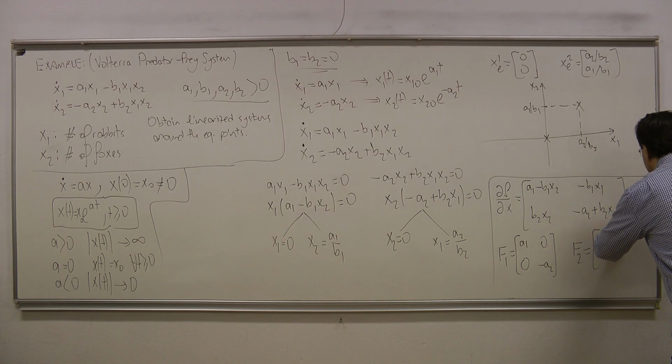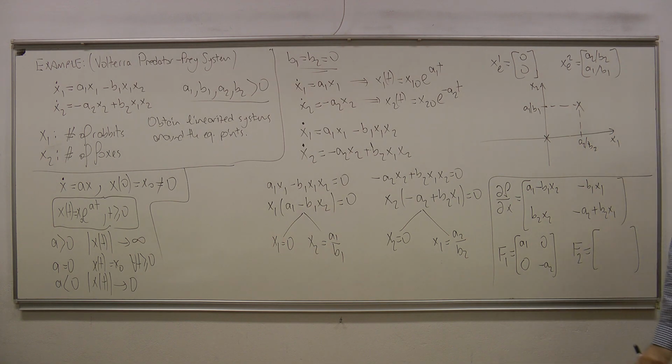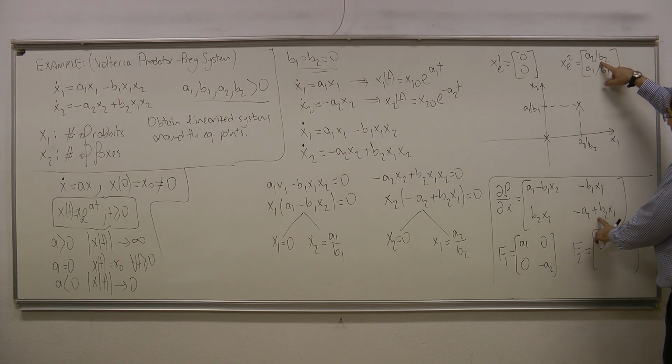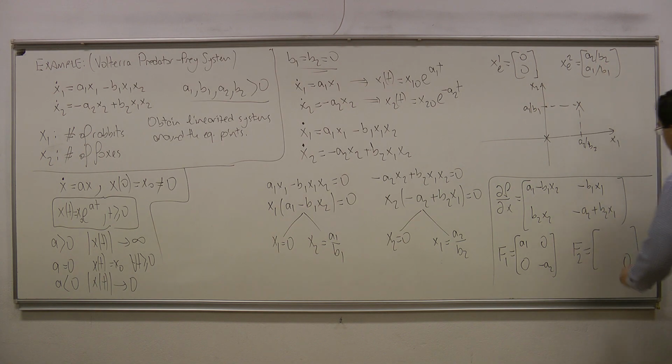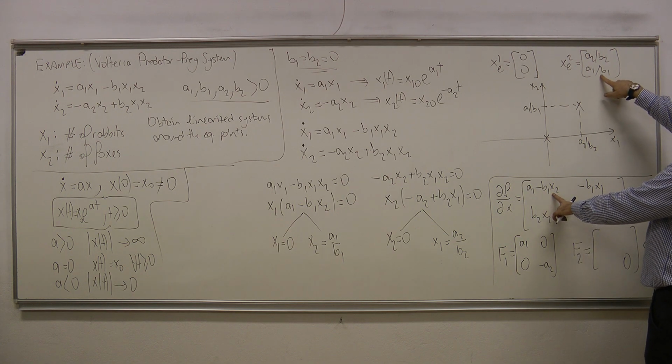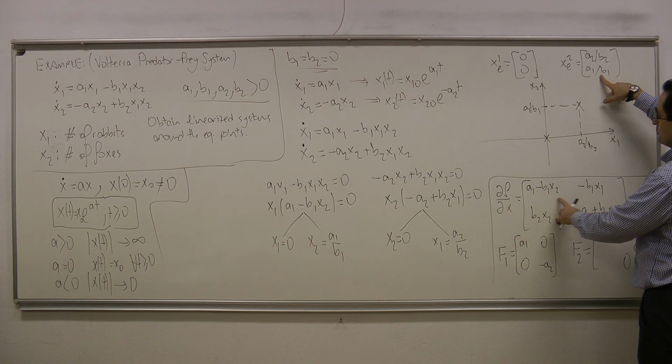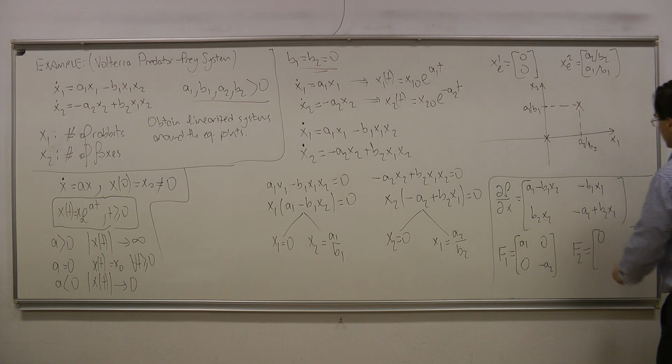And the second F matrix for the second equilibrium point would be: substitute x1 equal to a2 over b2. So if I substitute x1 equals a2 over b2, you see that this is going to be 0. Okay, and I will substitute x2 equals a1 over b1. If you do that substitution here, you would get 0 here.